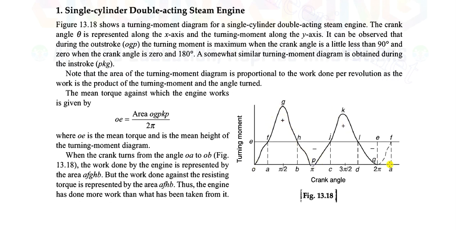On the x-axis we have theta, how much angle is turned by the crank, and how much turning moment you are getting is plotted on the y-axis. See here, both are on the positive side. Why? Because it is a double acting steam engine, both strokes will give some power.